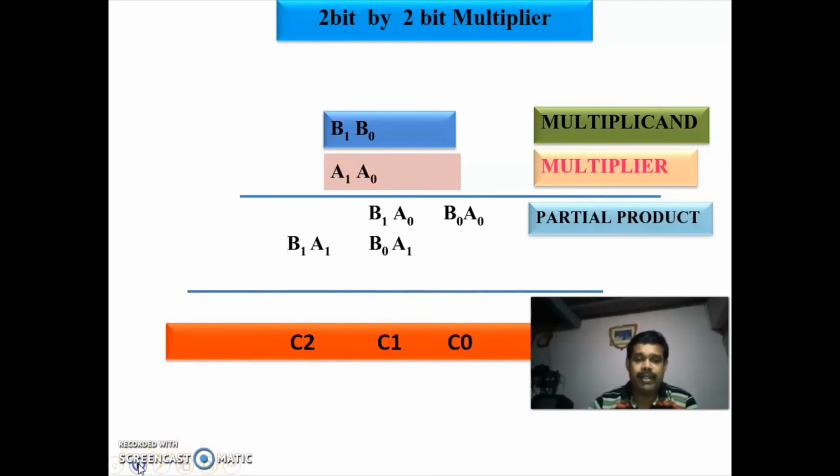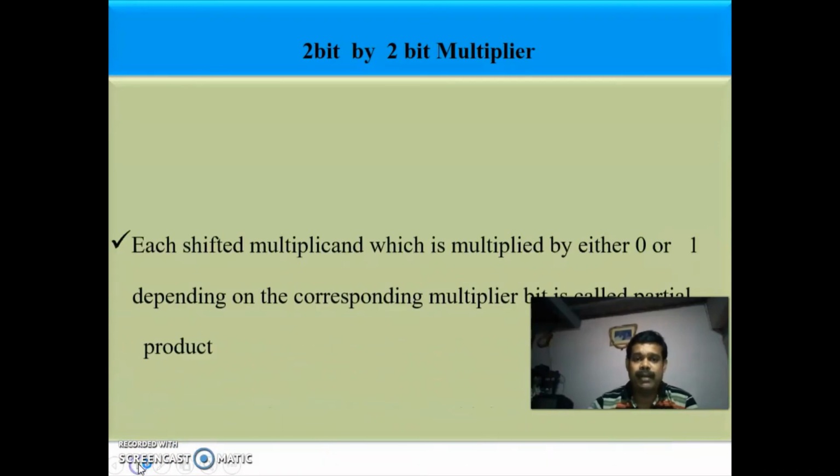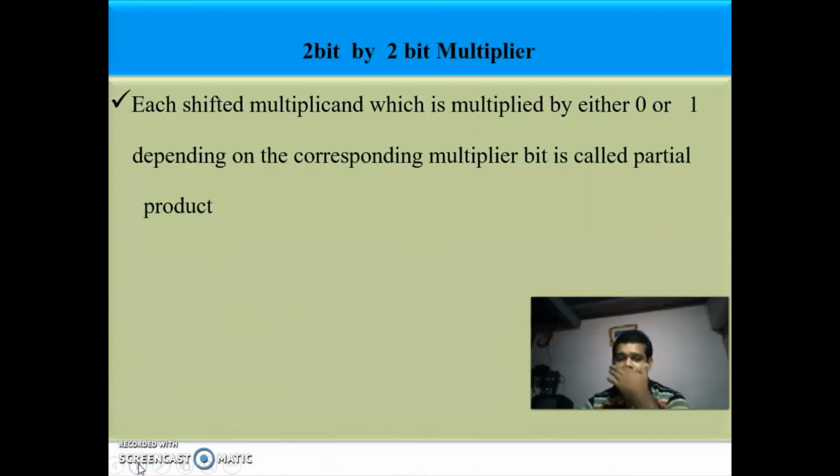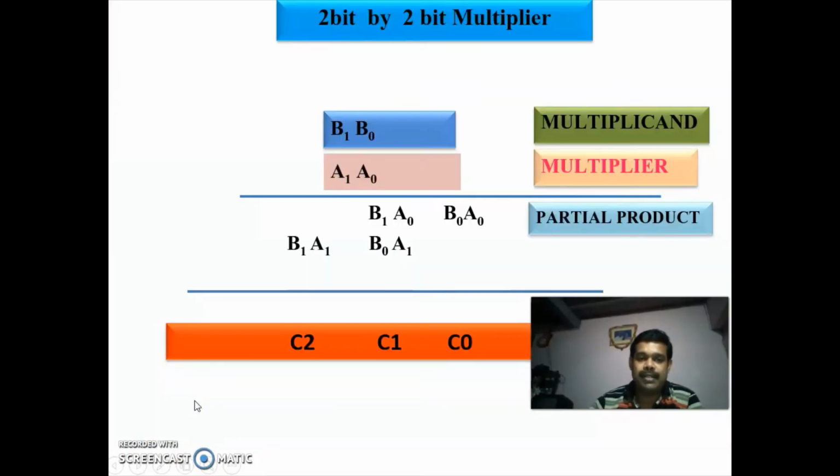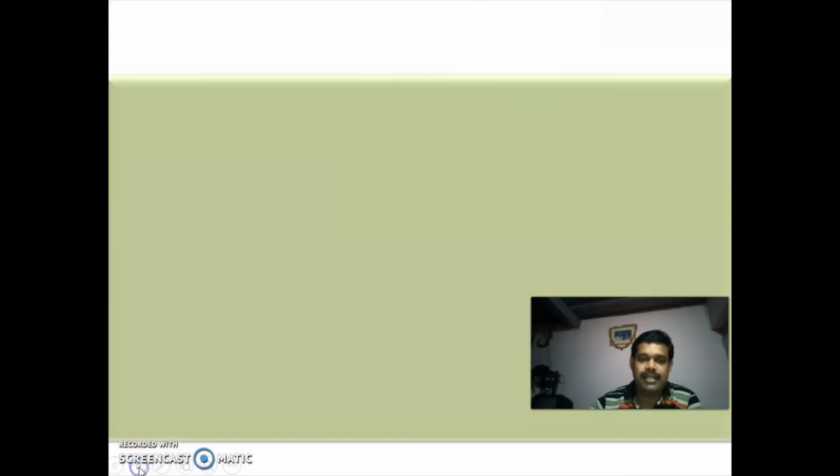Now we want to implement this 2-bit by 2-bit multiplier. Each shifted multiplicand, which is multiplied by either 0 or 1 depending on the corresponding multiplier bit, is called a partial product. We have seen this in the previous diagram.